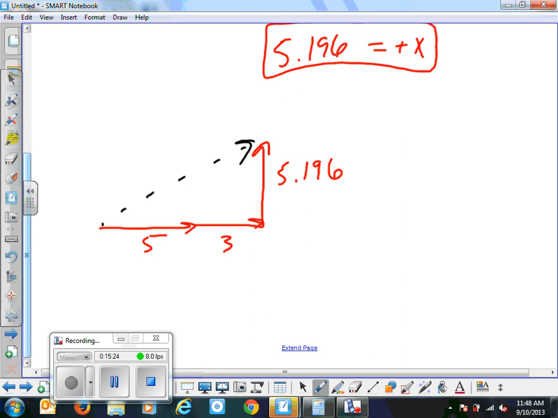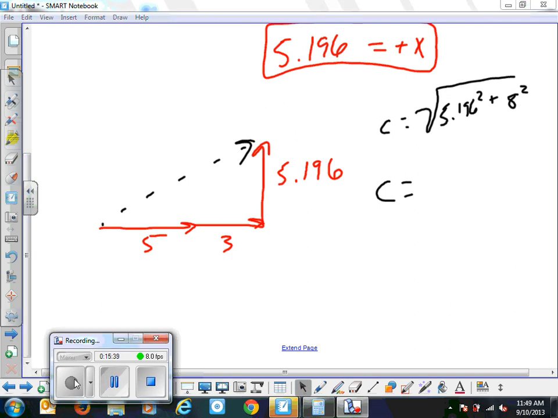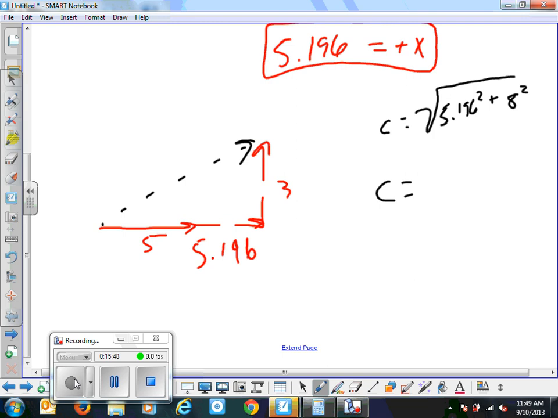Okay, so you go, C is the square root of 5.196 squared plus 8 squared. Our hypotenuse value then is, I put my numbers in wrong, I'm sorry about that. These are opposite, so this is 3 and this is 5.196, so that changes this too.